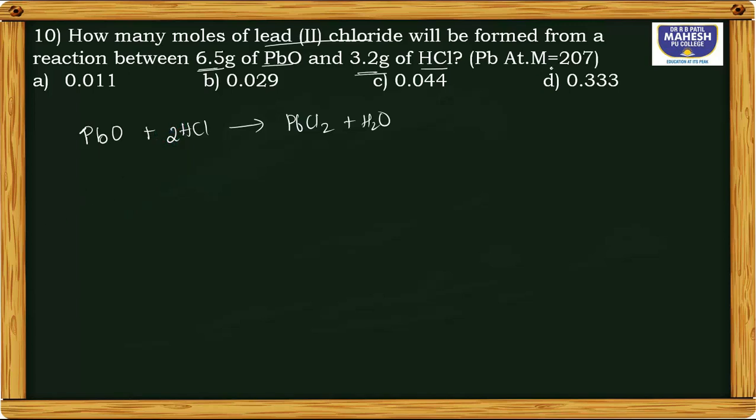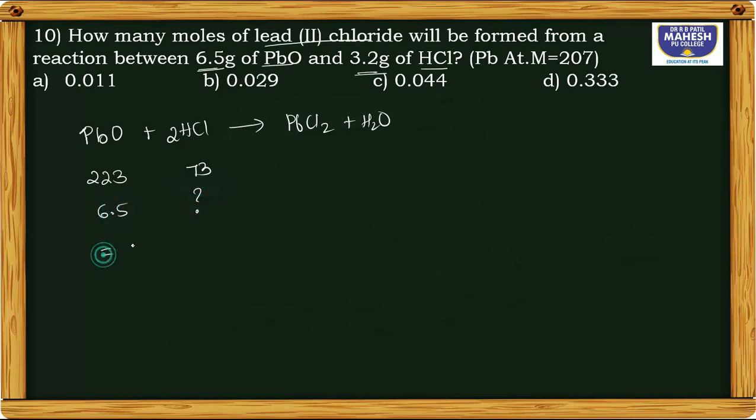The atomic mass of lead is 207 plus 16. When I add that, I get 223. Chlorine is 35.5, plus 1 hydrogen means 36.5; into 2 means it is 73. So 223 grams of lead oxide reacts with 73 grams of HCl. Then 6.5 reacts with how much mass of HCl?